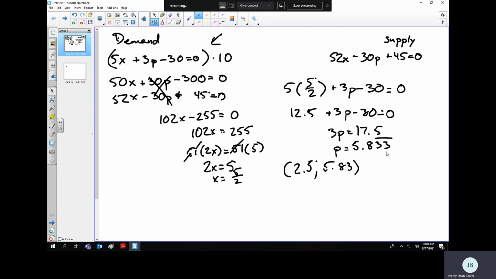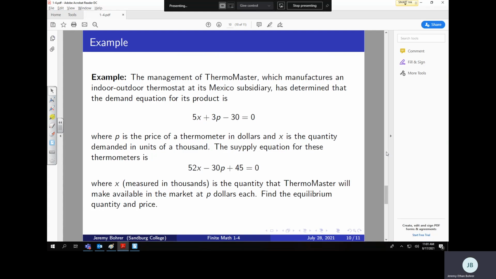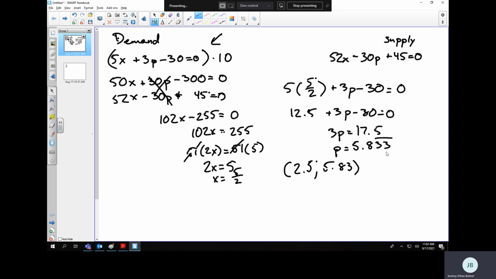If we can sell 2.5 at a price of $5.83, oh right, and that's in thousands, as our problem stated, so 2,500. Sorry, 25,000 at $5.83. So there we go. If we sell 25,000 at $5.83 each, everybody's happy, or as close to happy as they can get.